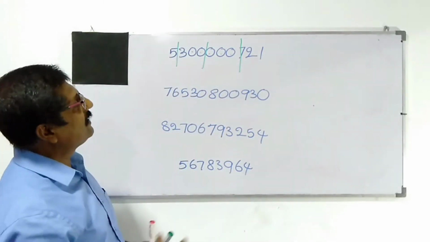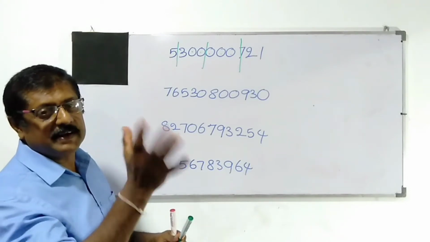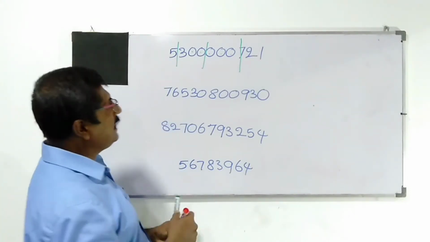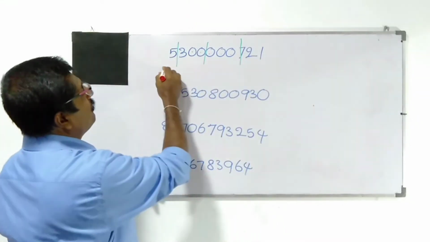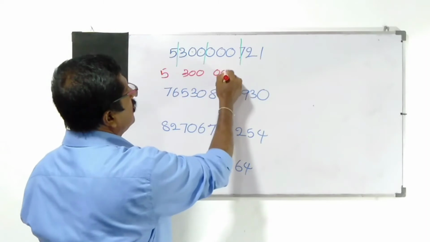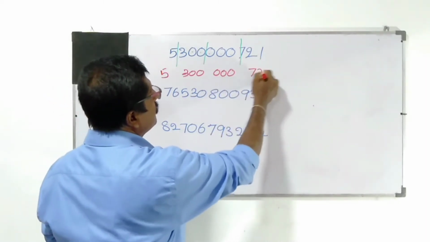Draw lines separating 3-digit areas, periods, right? Then you can write the number like this: 5 space 300 space 000 space 721.